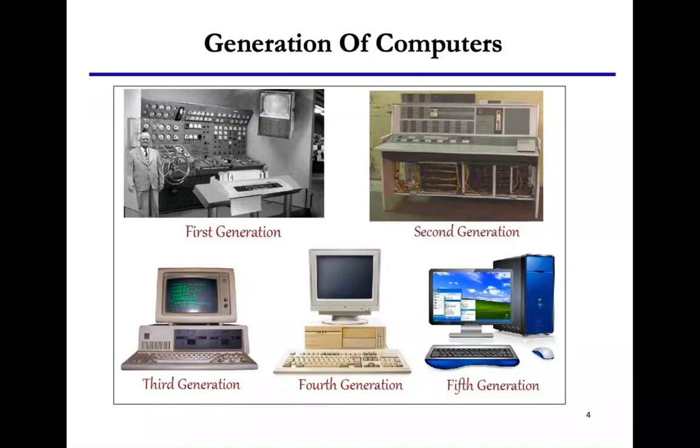The vacuum tube and diode valves were the chief component of the first generation computer. The first generation computers relied on lower level machine language in order to perform operations and could only solve a single problem at a point of time.